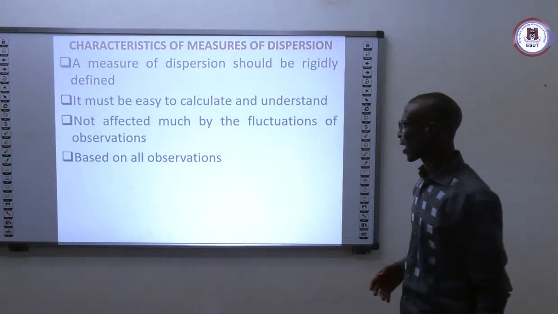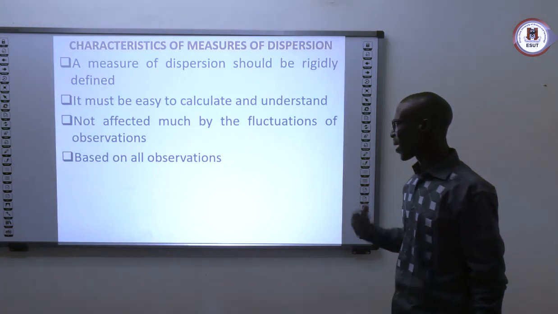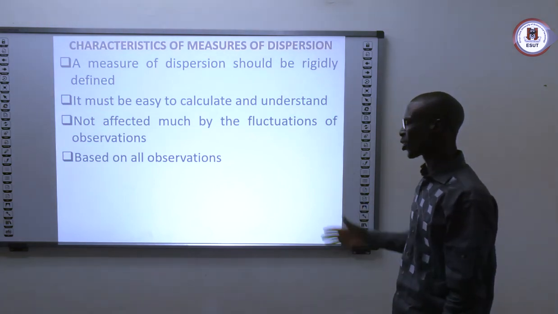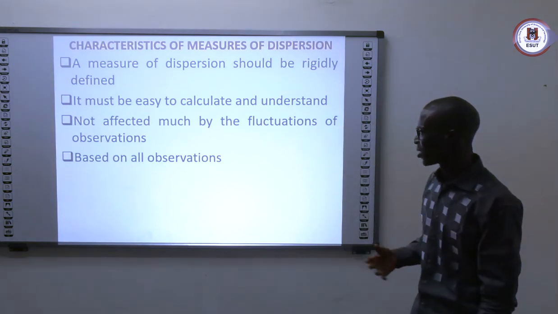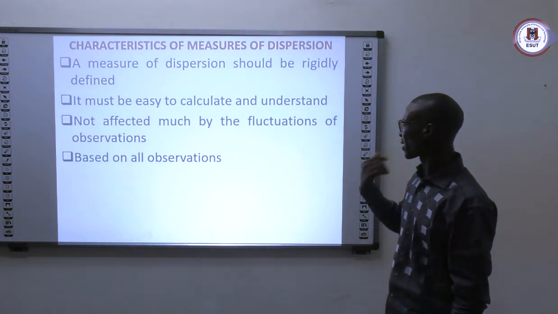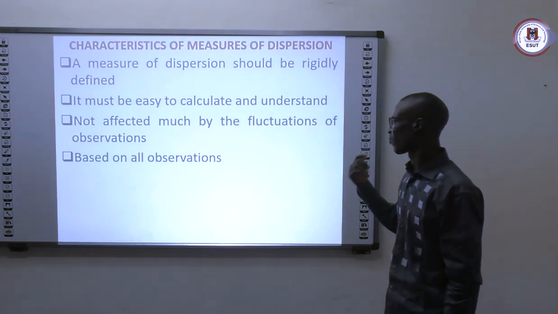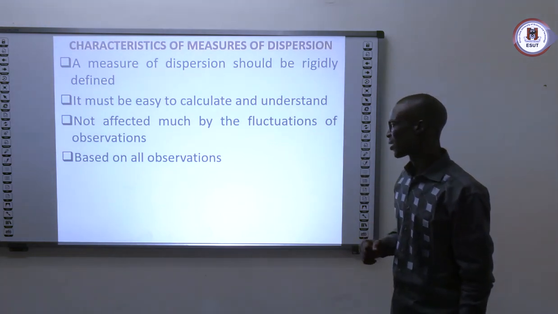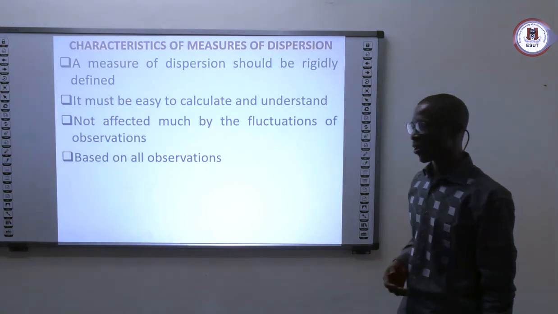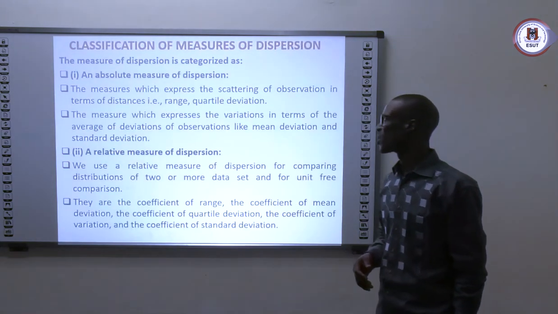Remember in the other class yesterday, we learned about fluctuations, seasonal variations, structural variations, and cyclical variations in data. But dispersion should not be influenced by fluctuation in observation. And again, it is based on all observations.